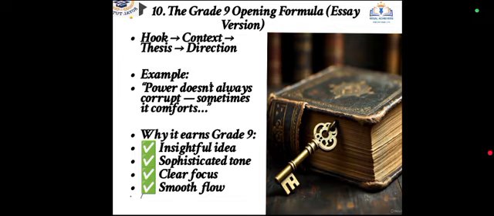Sometimes it comforts. Why it earns grade 9: it is insightful, it has sophisticated tone, it is clear, and it shows smooth flow. So this is a formula you can use to create a hook.